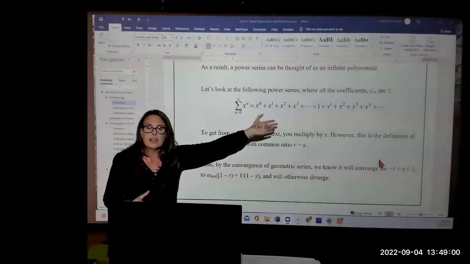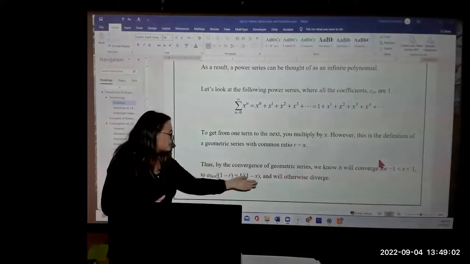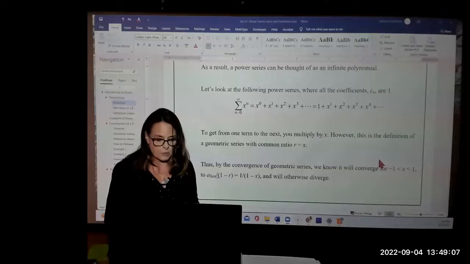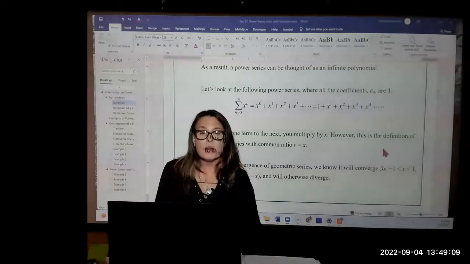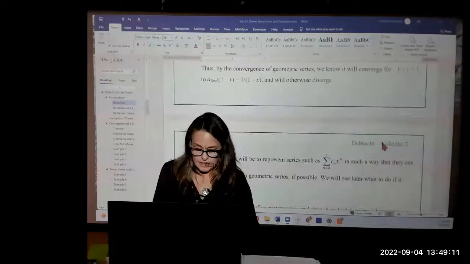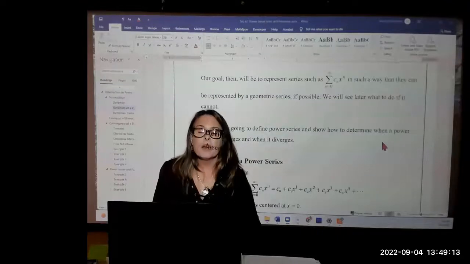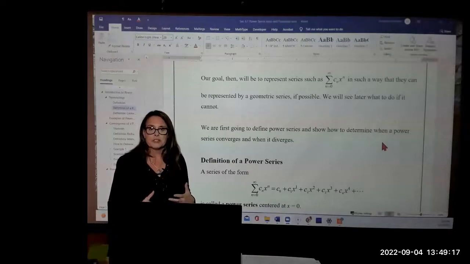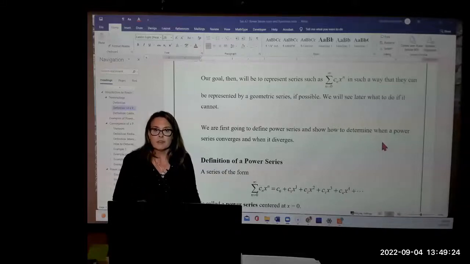I would get this infinite polynomial, but it's basically giving me the value of what I have down here. It's just another way to represent it. Now, this is one of our building block kind of functions, but we also want to consider ones that can't be written as geometric series. And we want some way of determining when these converge and in what interval they converge.